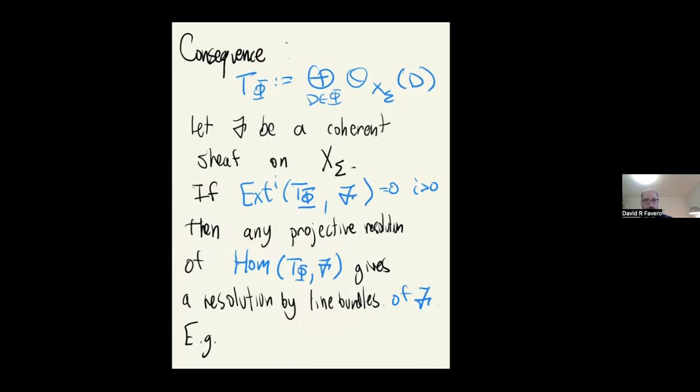So since we're projective, for example, you can take chi to be some very ample twist, and so you can always get a resolution by line bundles of your sheaf if you twist high enough. Okay, and you can get that resolution from using this non-commutative geometry.